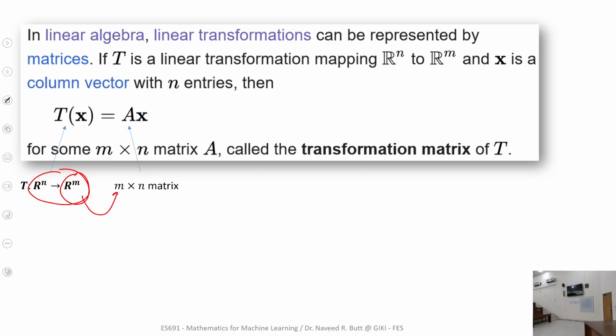The output dimension is here, and the input dimension is the second one. If you imagine matrix multiplication you will understand, because multiplying an m by n matrix with an n by 1 vector gives m by 1, which is Rm. So it's not difficult to check if you forget. These dimensions match with that, and we will call this the transformation matrix of T. It's the matrix that represents the action of this transformation.